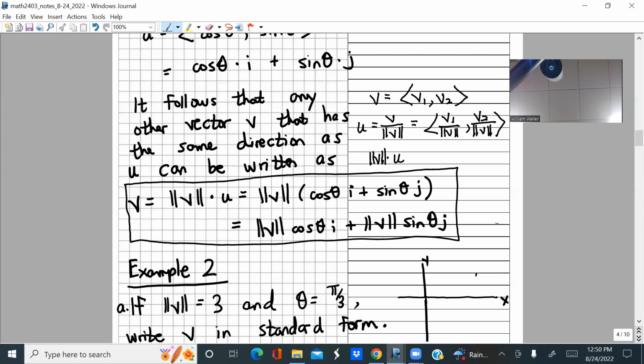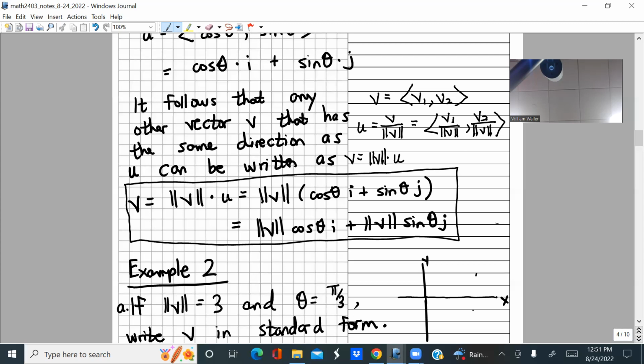They cancel, and what do you end up with again? Yeah, you just end up with the vector v back again, right? Okay. That's what this equation is essentially saying. It says for any vector, you can write it as its own magnitude times a unit vector. This is the unit vector that you would multiply by, okay? So for any vector v, you can express it as its magnitude times a unit vector.